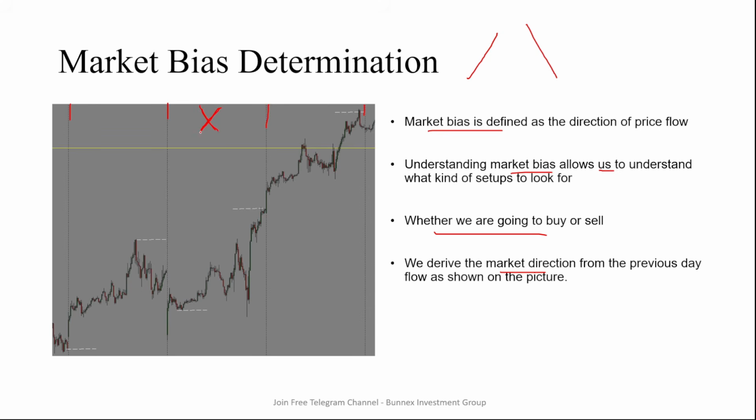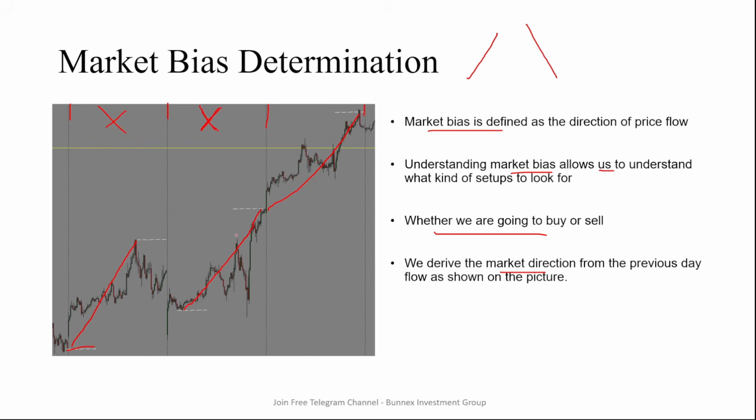This is derived from the previous day, where we check the low, the high, and the closing price to see if the market made a day of rise. If the market made a day of rise on this day, on the following day we expect the market to make another day of rise. And if it made a day of rise here, we would also expect another day of rise on the next day. Basically like that.